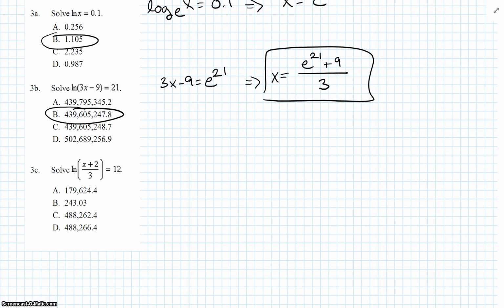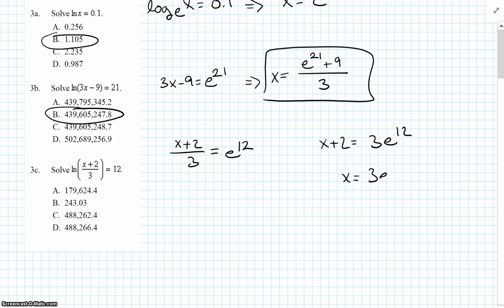Okay, last one. Natural log of (x plus 2) over 3 equals 12. So that is saying (x plus 2) over 3 is equal to e to the 12. Multiply each side by 3, so I get x plus 2 equals 3 times e to the 12th. So now x equals 3 times e to the 12th minus 2.